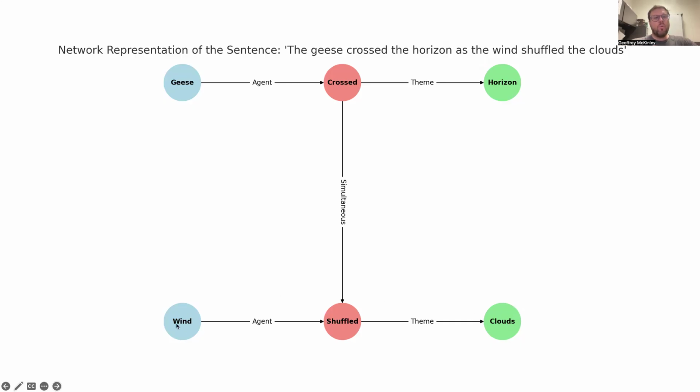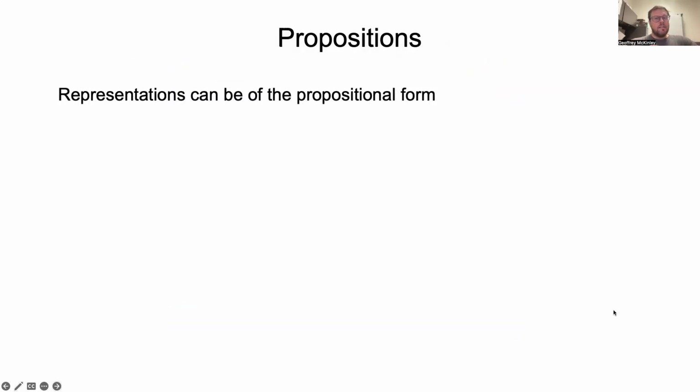Of course, the activation from wind will eventually spread to horizon, and likewise, the activation from geese will also spread to clouds, but it'll take longer simply because it has to travel through more concept nodes, right? And so that's the idea.